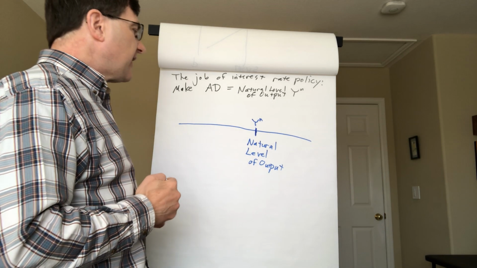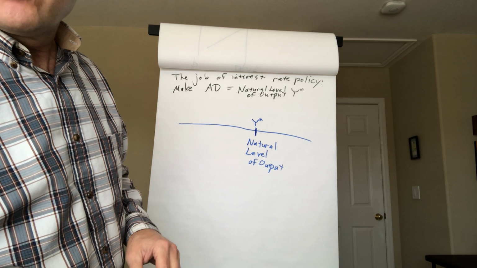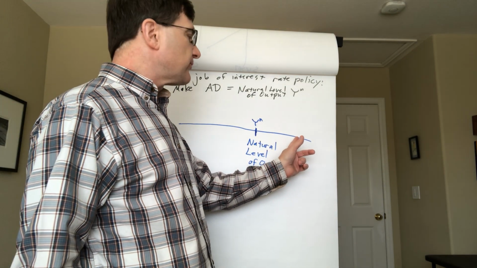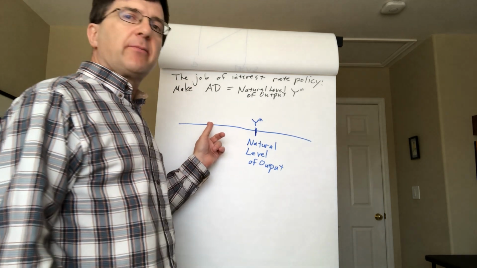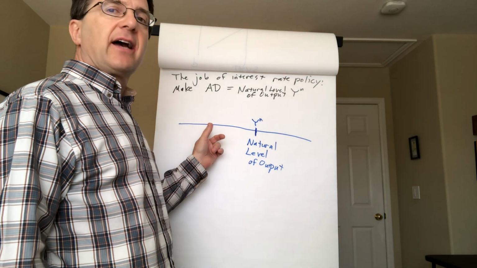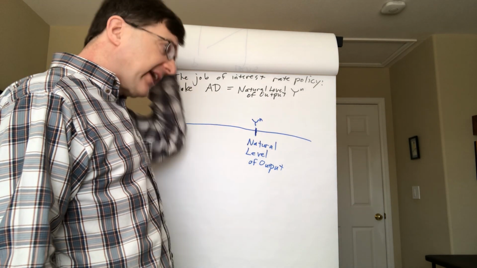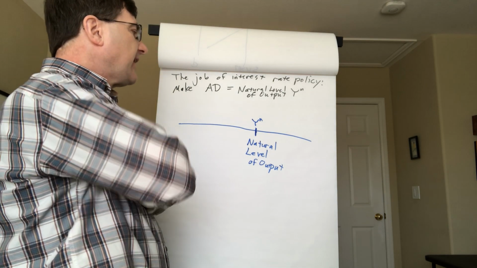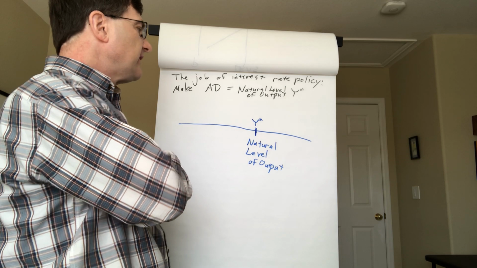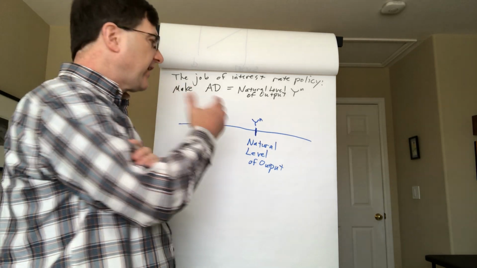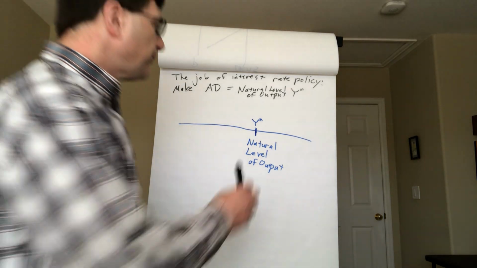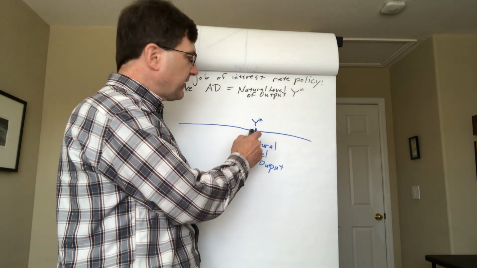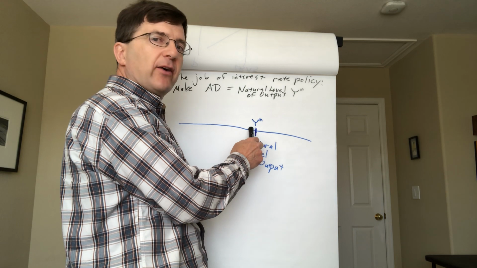So how does it do that? Well, if aggregate demand is ever over here, raise interest rates. If aggregate demand is ever over here, cut interest rates until you get aggregate demand equal to the natural level of output. Now, in terms of adjusting things, what would you have to do? Suppose you do have the level of aggregate demand equal to the natural level of output.